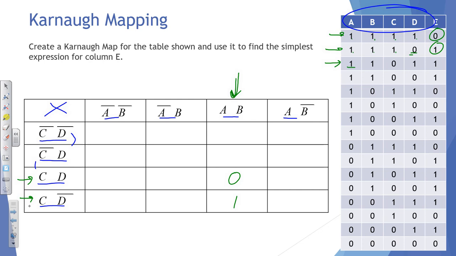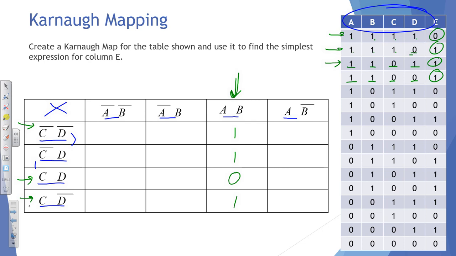Still with parameters A and B, but not C and D, and our outcome is 1. And still A and B, but no C and no D, and our outcome is 1. That's in our top row, and there we go.